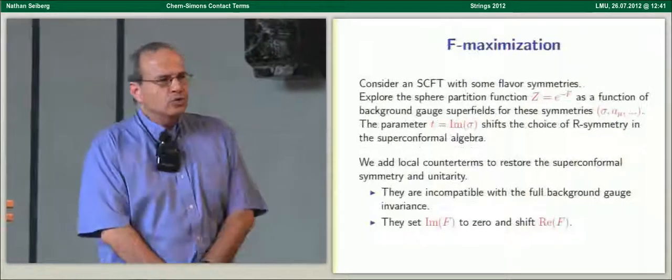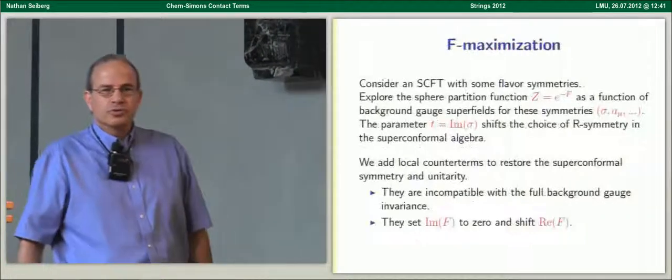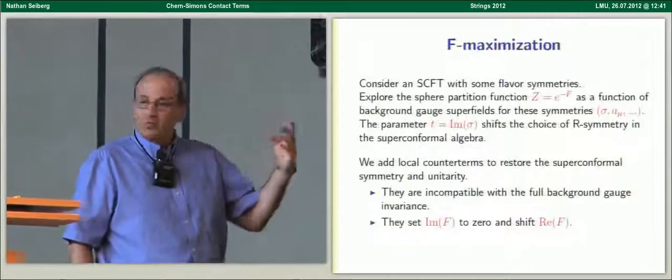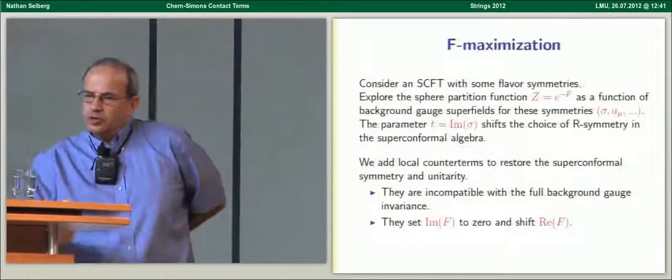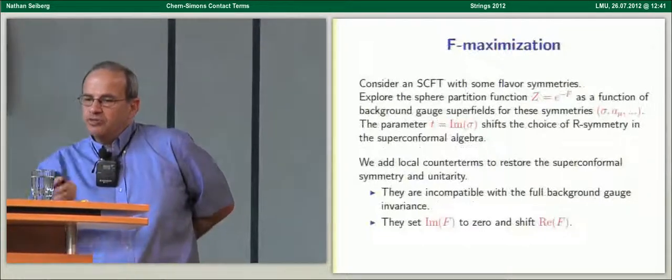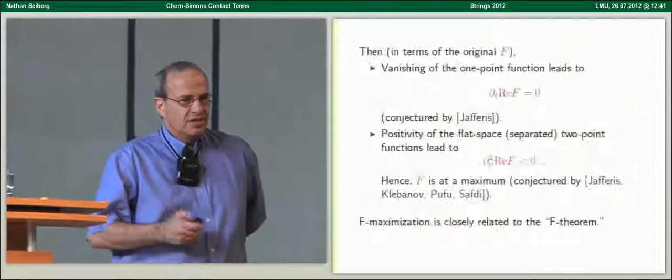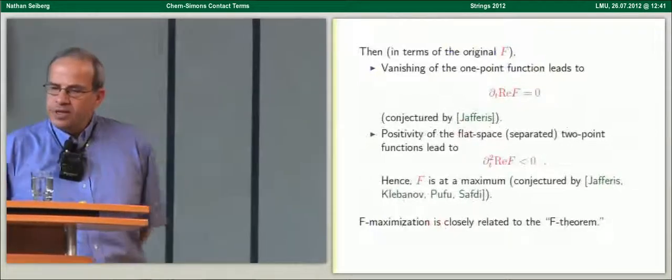And now we can use everything that appears in the standard conformal field theory books. Various properties of conformal field theory can be used without any problem. So the first thing we do is set the imaginary part of F to 0, and this also shifts the real part of F. So we add these terms, and now we can use standard things.